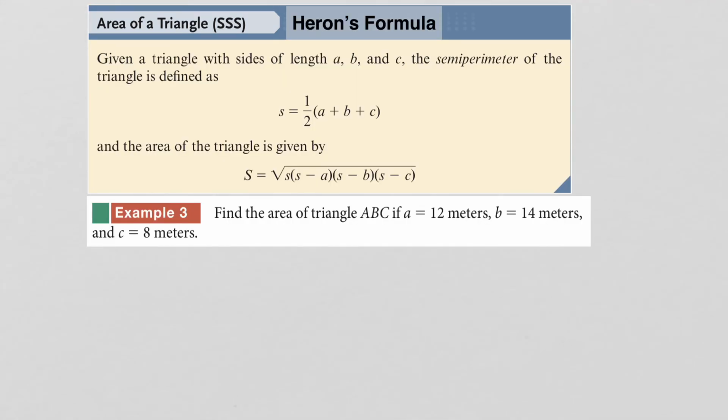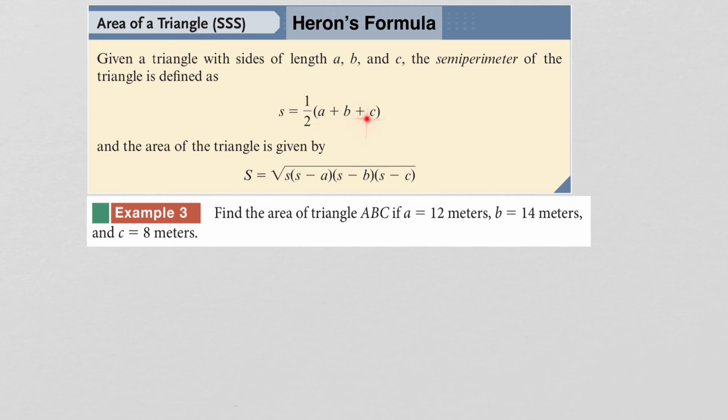The last formula that we're going to talk about regarding area is a formula called Heron's formula. And this is the formula that you can use when you have 3 sides of a triangle. To use this formula, we need to first find something called the semi-perimeter of the triangle. The semi-perimeter is basically just the perimeter divided by 2.